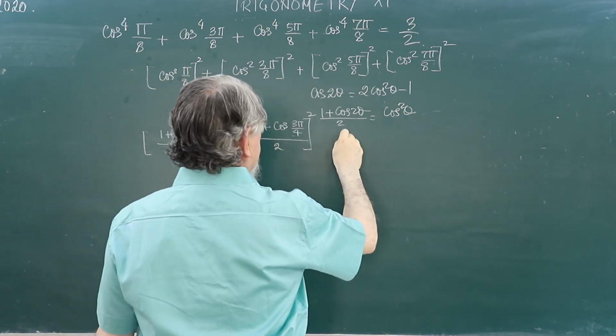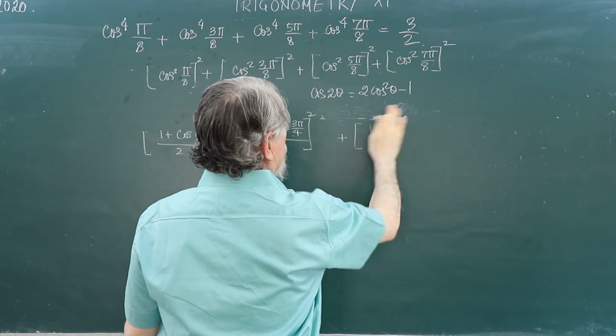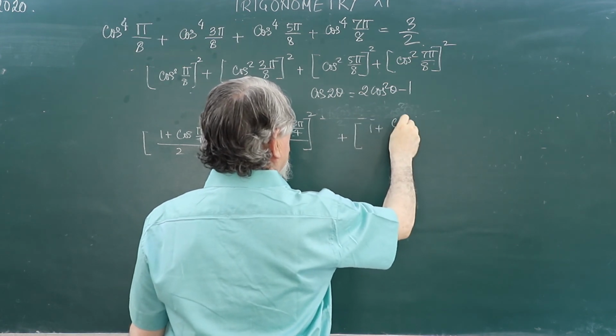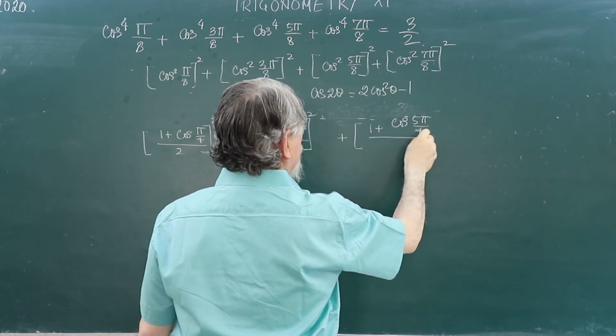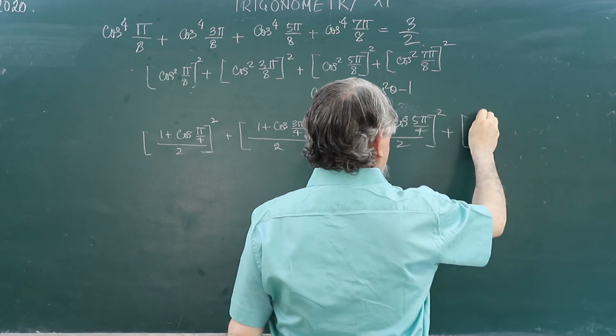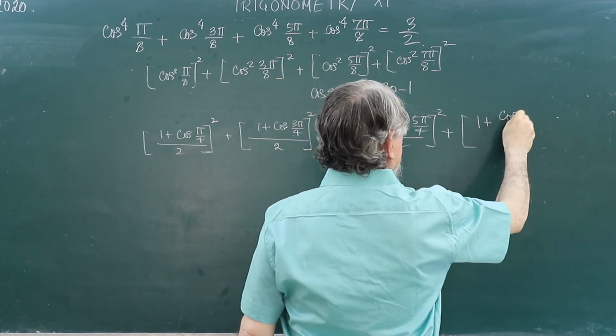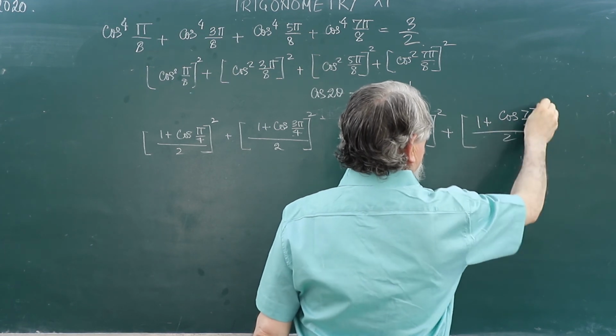Okay, then it will be (1 + cos 5π/4)/2² + (1 + cos 7π/4)/2².